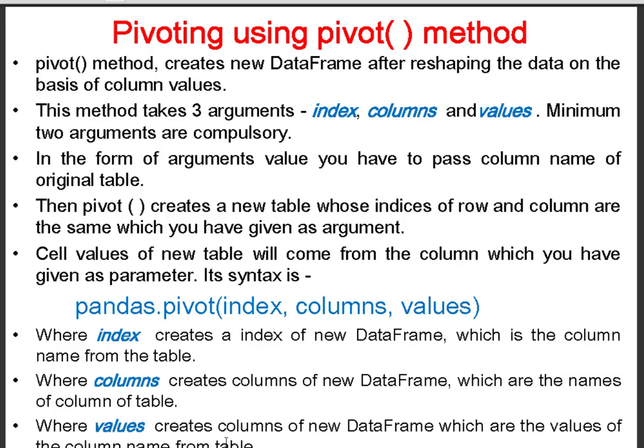So this is the introduction to the pivot method, how you can implement it and what its arguments are. I think you all understand. With the help of the pivot method, we can easily analyze our records, our data frame.